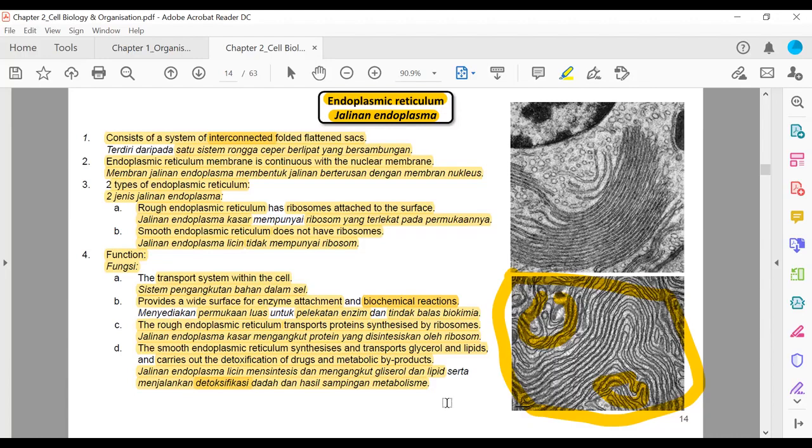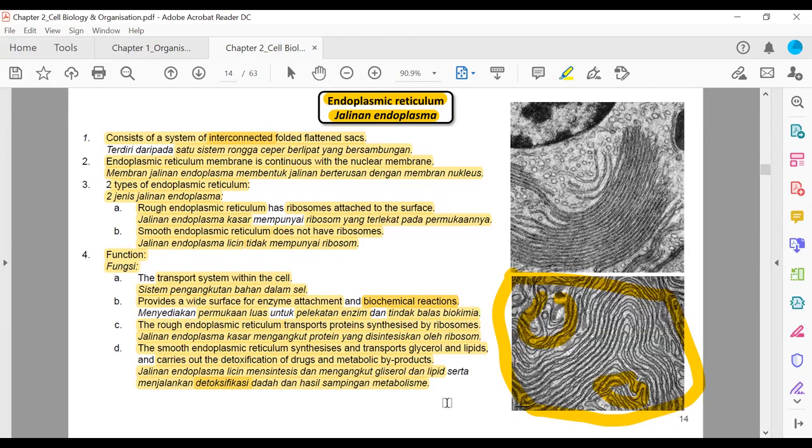So, bila kita ambil Panadol, for example, dadah, drug, Panadol, the Panadol will kita makan, lepas tu pergi ke usus kita, it will absorb into the blood. The Panadol ini akan menjalankan fungsi dia, mengurangkan sakit kepala dan sebagainya. So sekarang after the Panadol carries out its function, masih ada lagi Panadol yang tidak diperlukan.